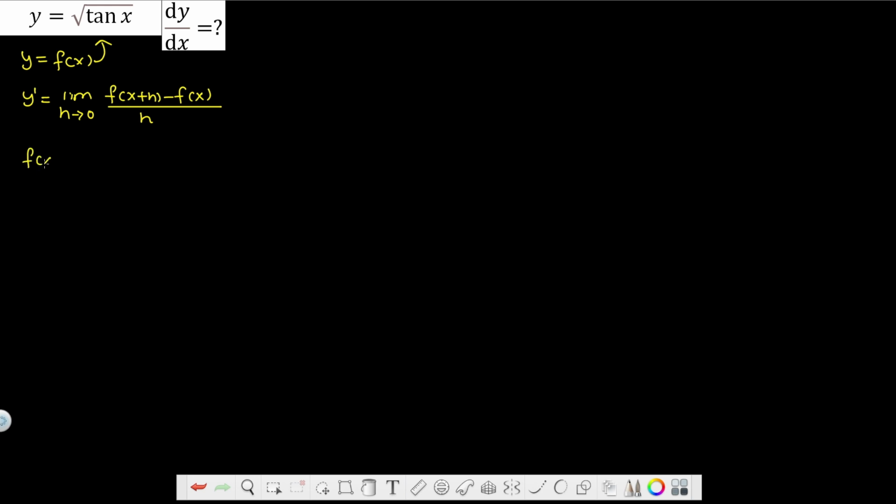So compare this with our given function. We will get f of x equals square root of tan x, and f of x plus h will be the square root of tan x plus h.